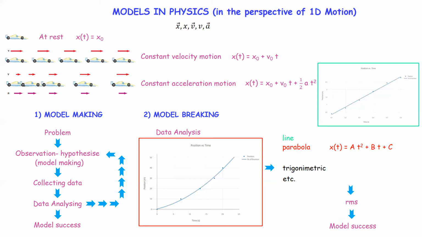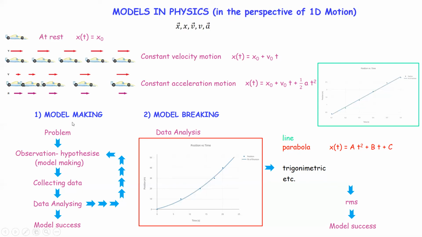The method using a known model defined through data analysis has the name model breaking, because you are breaking known models by using data analysis and also error analysis. So in the second method, you are doing model breaking.